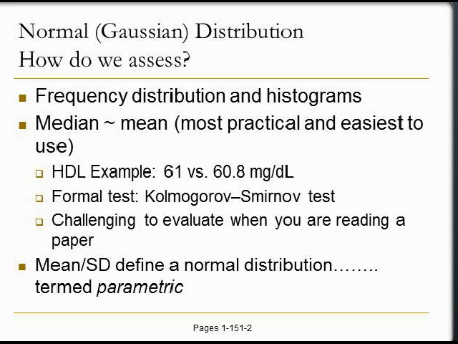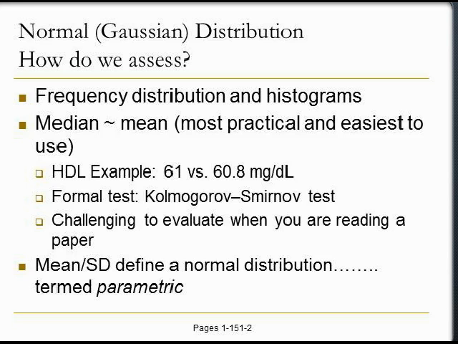Sometimes, though, when you're presented with a paper and you're trying to evaluate whether the t-test that someone used was appropriate, you don't have access to all of their data. You're stuck with a mean and a standard deviation, and you're trying to make decisions about whether that t-test was appropriate in that situation.